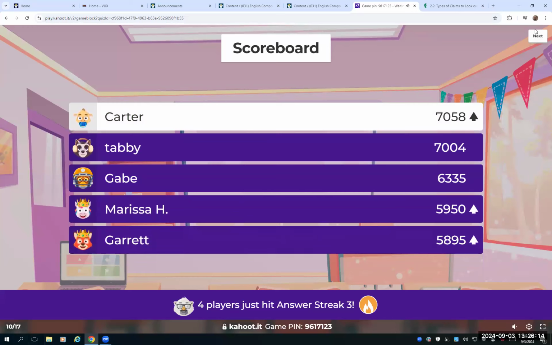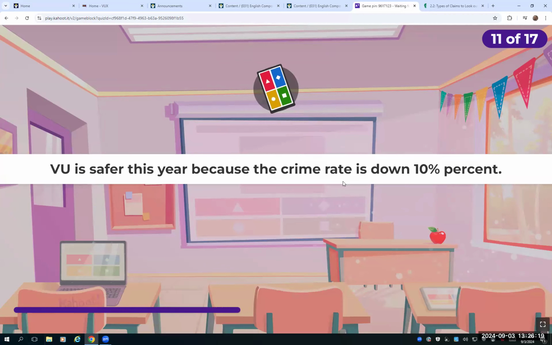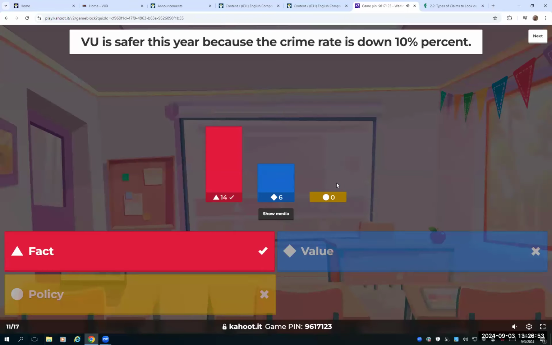Next. Oh, Tabby's out of the lead. Now it's Carter. All right. VU is safer this year because the crime rate is down 10%. It's a claim of fact.